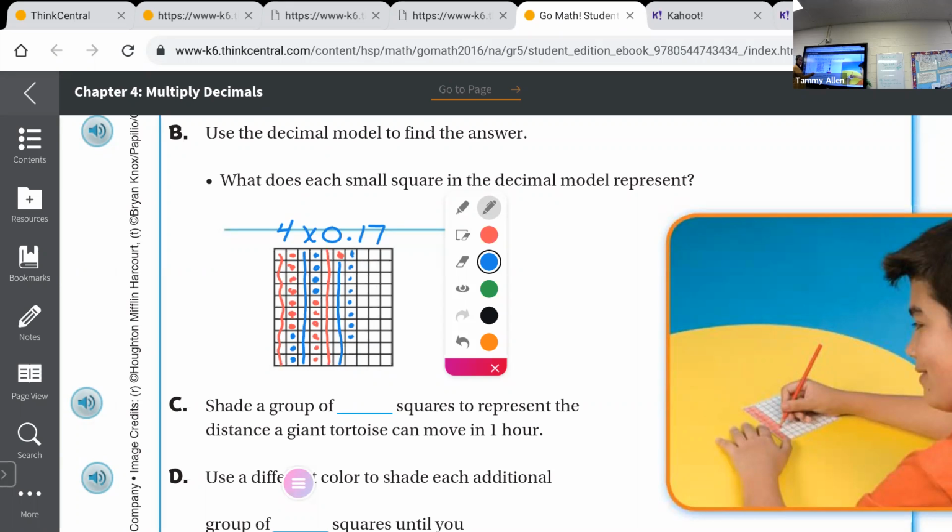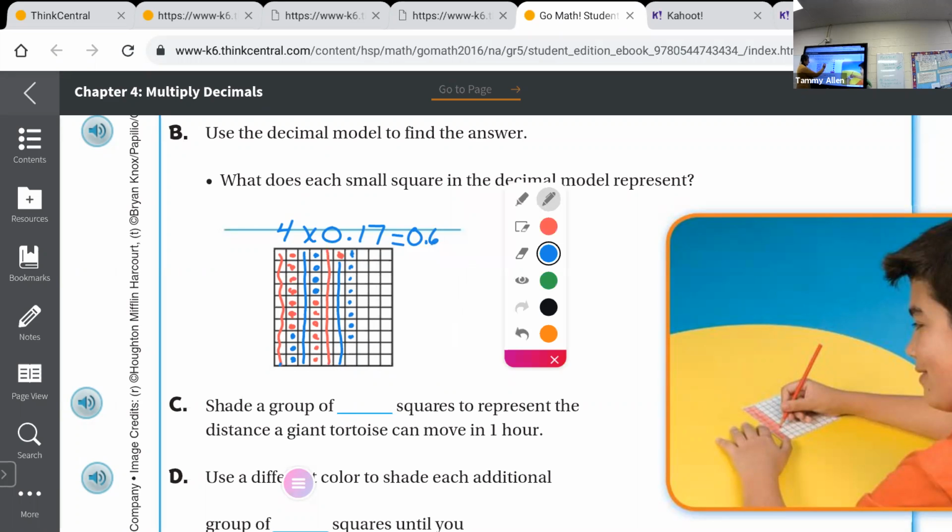So our product, well, we can figure that out here. 10, 20, 30, 40, 50, 60, right? 1, 2, 3, 4, 5, 6, 7, 8. And they are hundredths, right? Does that make sense? 68 hundredths? Yes, no?